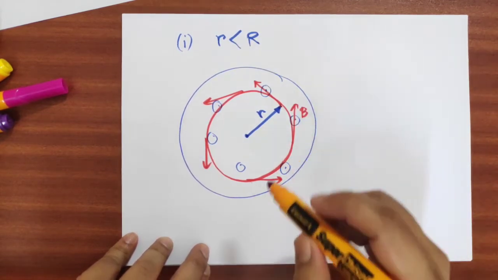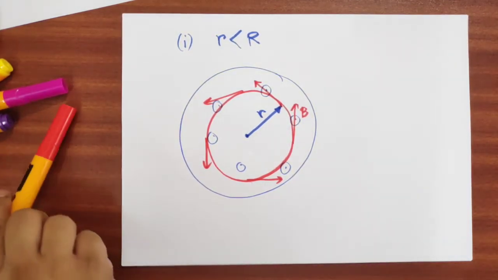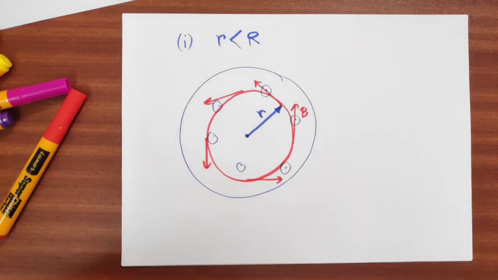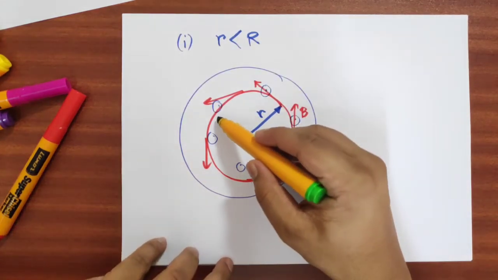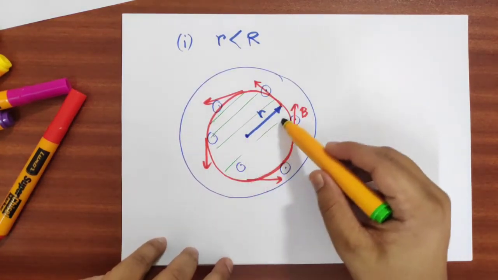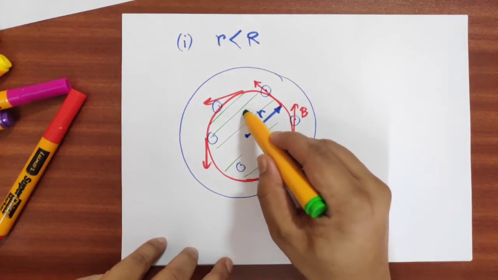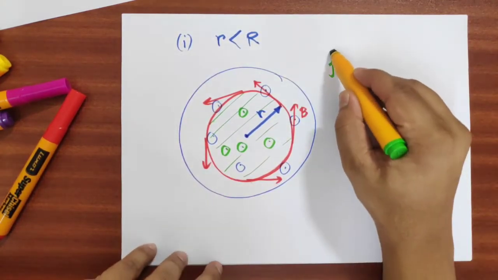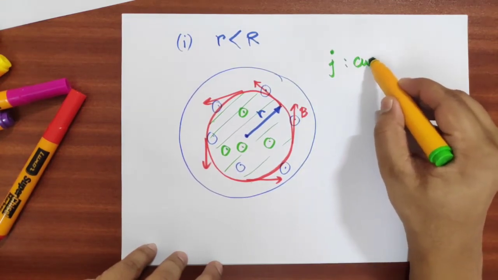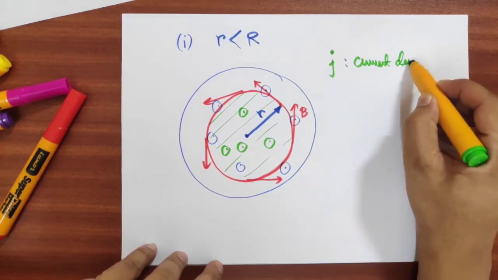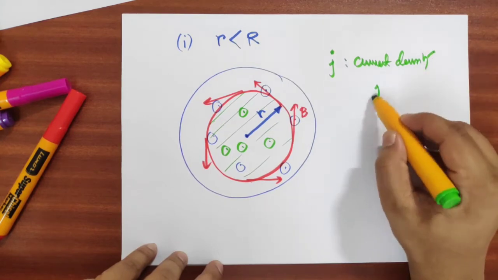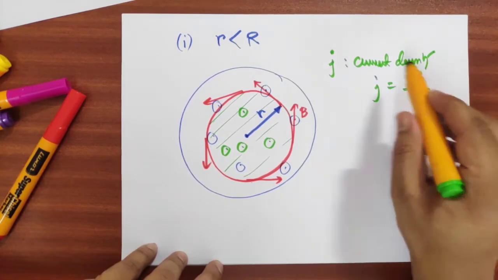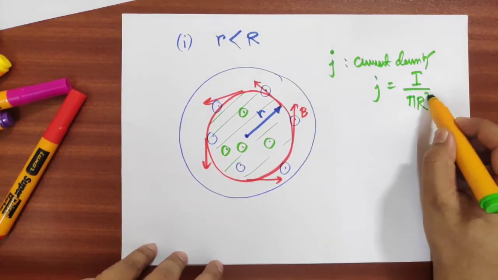So let this be B. We have constructed this closed loop, and consider J as the current density. J is equal to I, the total current, divided by pi capital R square.